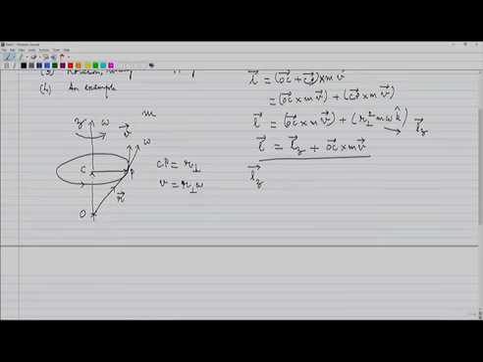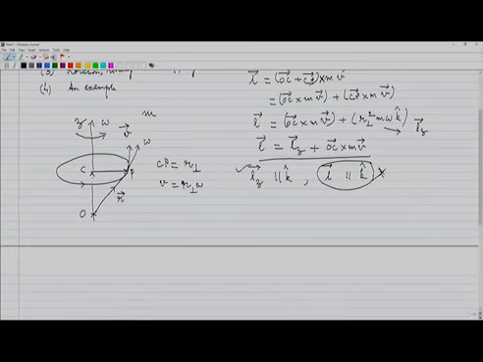But you can't say that L itself is parallel to the Z axis, unit vector K. This is right, this is wrong.